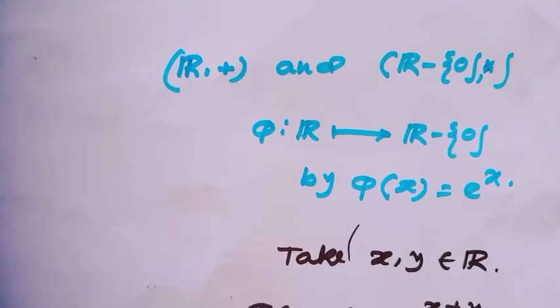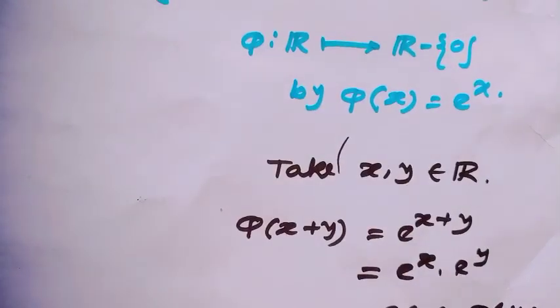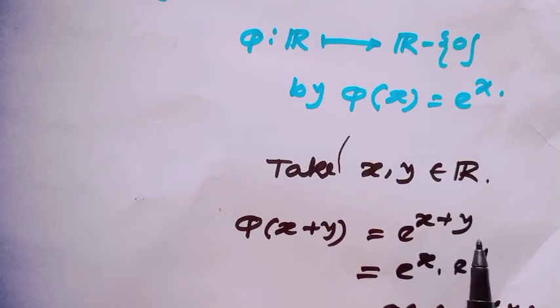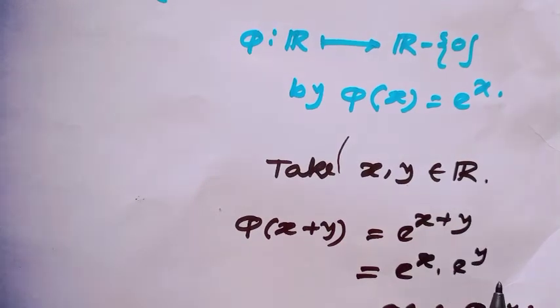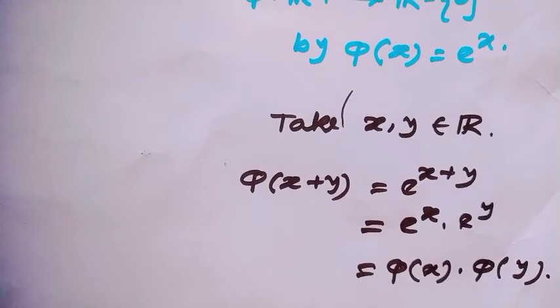Take x, y to be arbitrary elements in the real line. Then phi of x plus y equals e to the power x plus y, and by the property of exponential, this is always equal to e to the power x times e to the power y, which is equal to phi of x times phi of y.